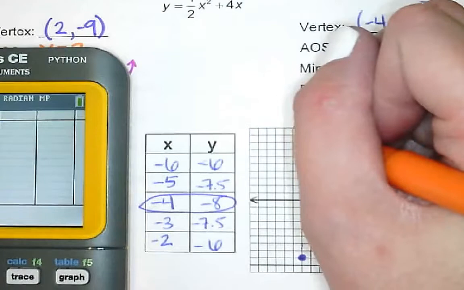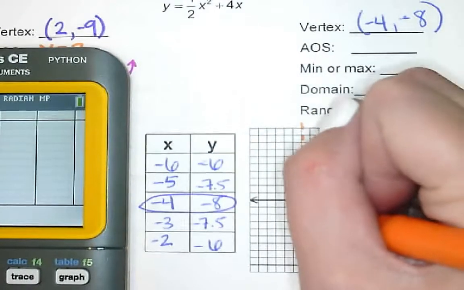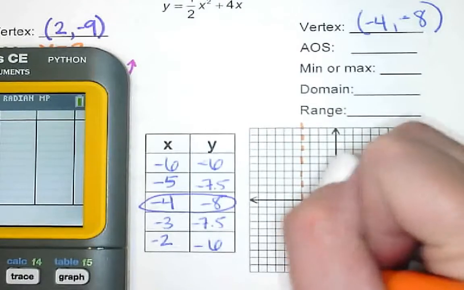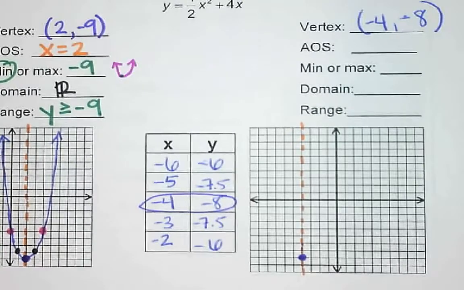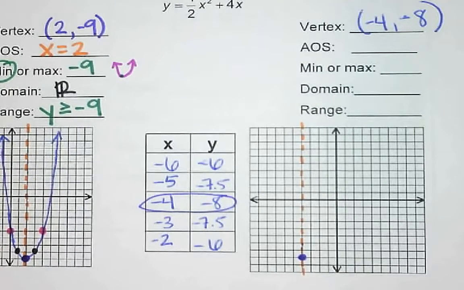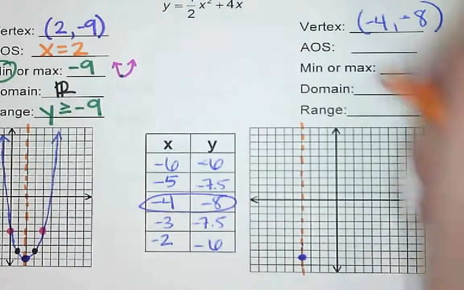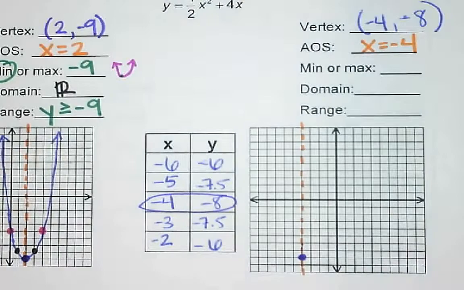How is the axis of symmetry connected to our vertex? It's the x value. It goes through your vertex. So it's going to be x equals negative 4, because it literally goes right through your vertex.